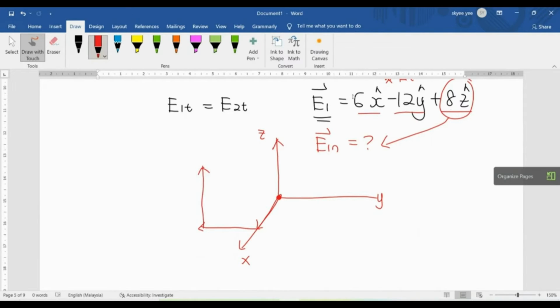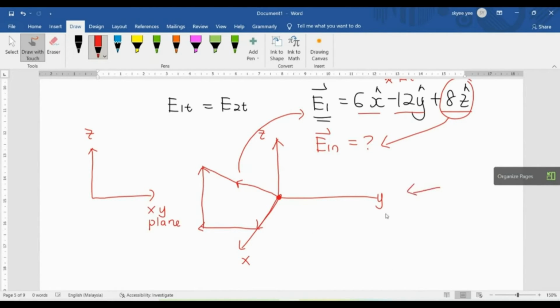So this will be the final vector, E1. Imagine now this is a 3D drawing, and I put it into 2D. So this is Z. Because I put it in 2D, I view it from the side, so this will be the XY plane. You just imagine you look at this thing from the side.